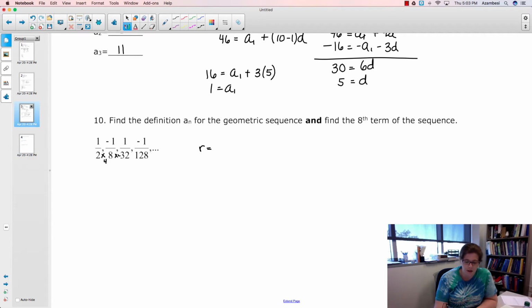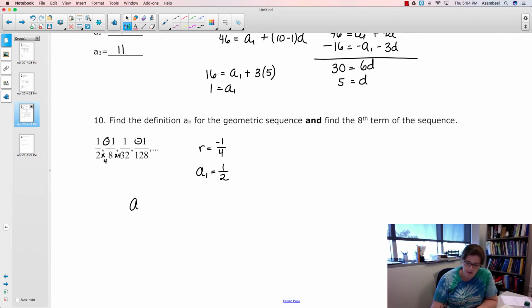The next one I also am multiplying by 4, but I've got positive, negative on the top. So this r is equal to negative 1/4. And then the other thing that I need for an is a1. So a1 is equal to the first term, or 1/2.